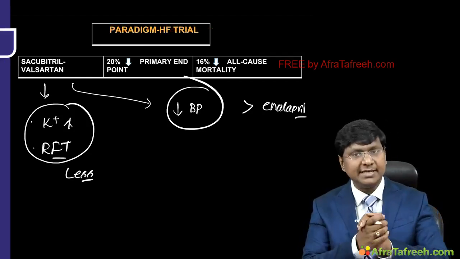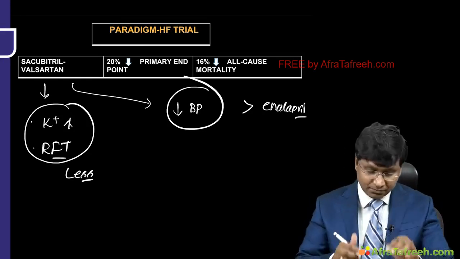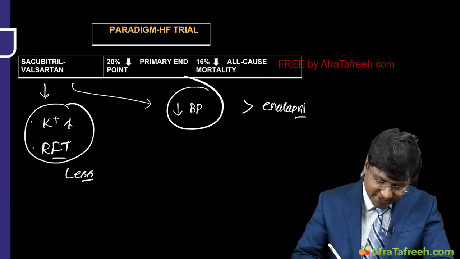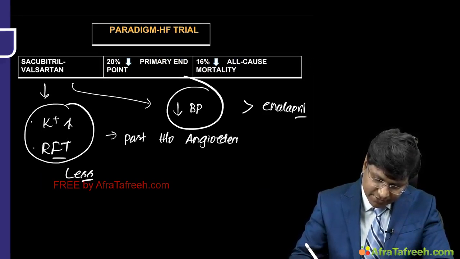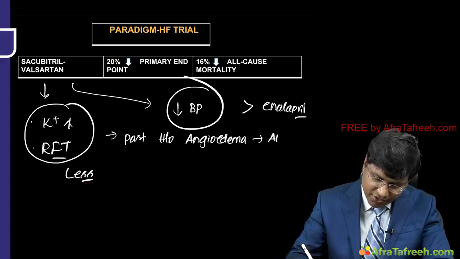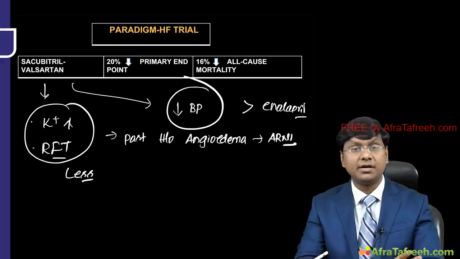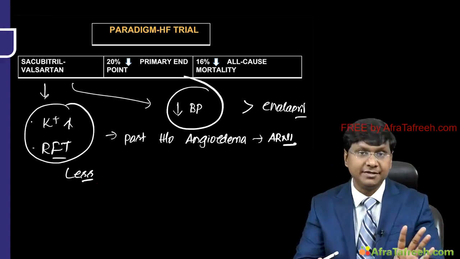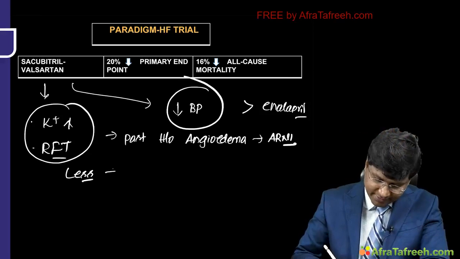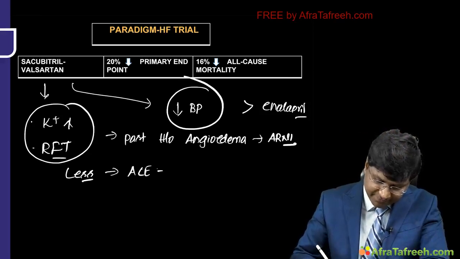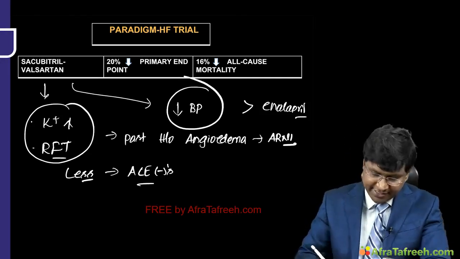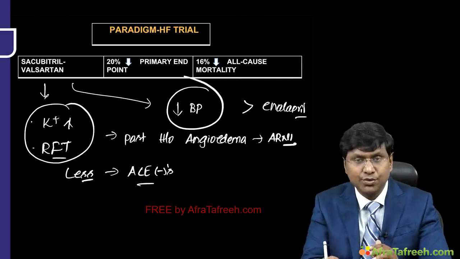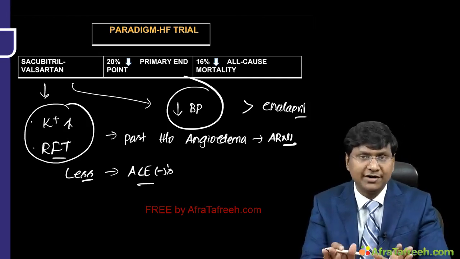Okay, and another point you need to remember is that in individuals who have a past history of angioedema, ARNI is contraindicated. ARNI is contraindicated in patients with a prior history of angioedema, right? Not only that, let us assume a patient with heart failure with reduced ejection fraction is on an ACE inhibitor. Now you want to start ARNI, so what do you have to do?